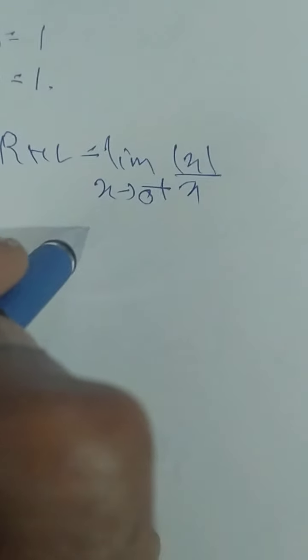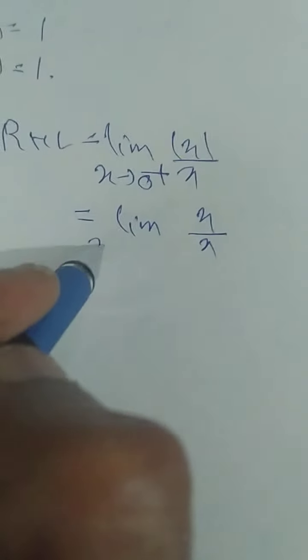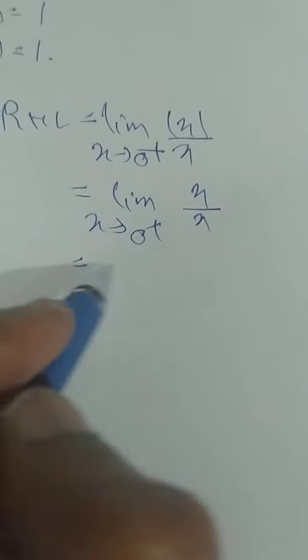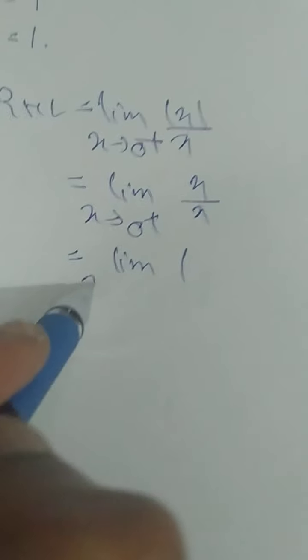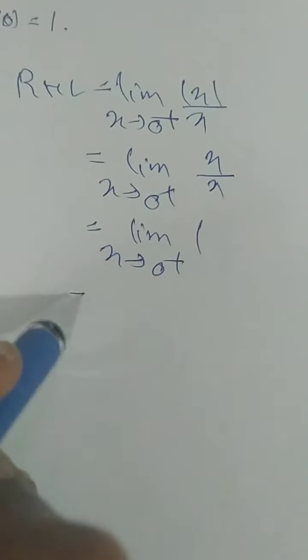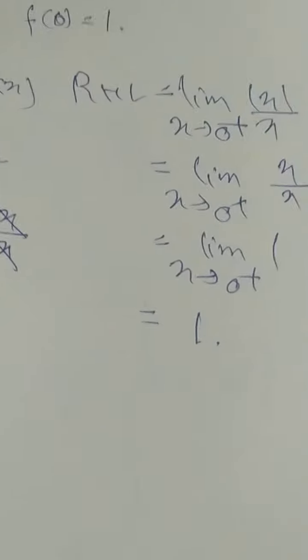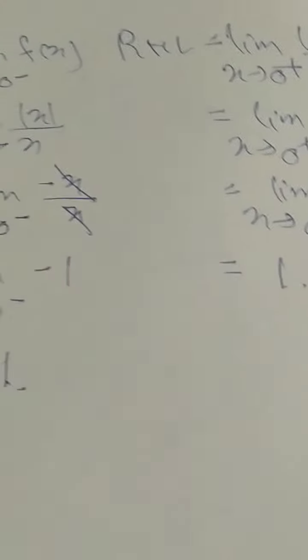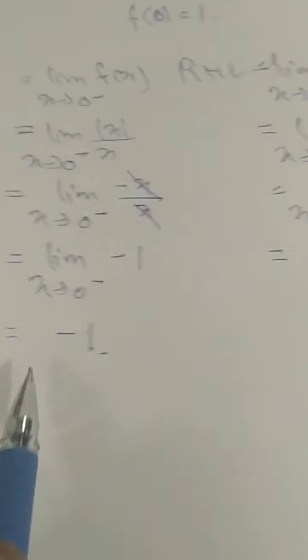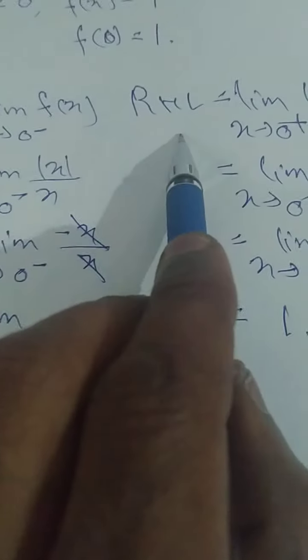Now the next one is RHL. RHL is equal to limit of mod x by x as x tends to 0 plus, which is equal to limit of x by x as x tends to 0 plus, which is equal to limit of 1 as x tends to 0 plus, which is equal to 1. Now one thing we need to see is whether LHL is equal to RHL.